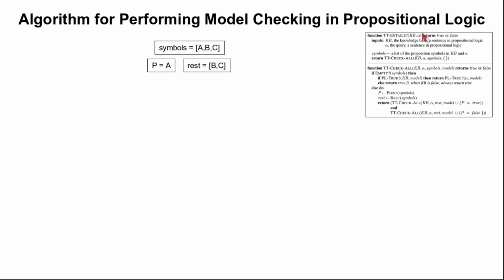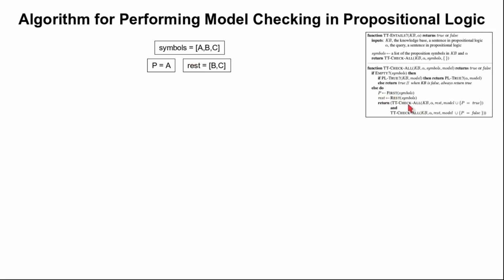Now in the first call we take the first of symbols. The first element from symbols is A, so we assign that to variable P, and the rest of the symbols, which means B and C, we assign to this variable called rest.